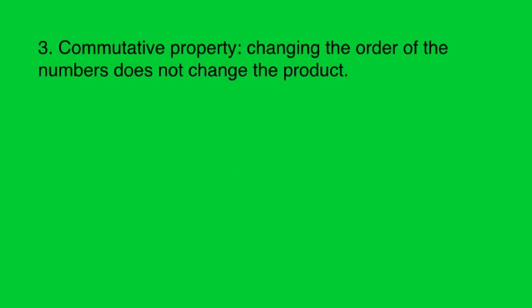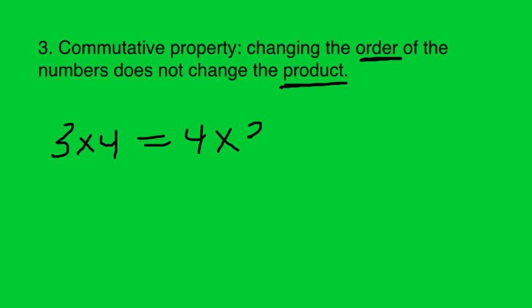Our third property of multiplication is the commutative property. This states that changing the order of the numbers does not change the product. So now we're going to be looking at multiplication. So I could say 3 times 4 equals 4 times 3. I've moved them around.